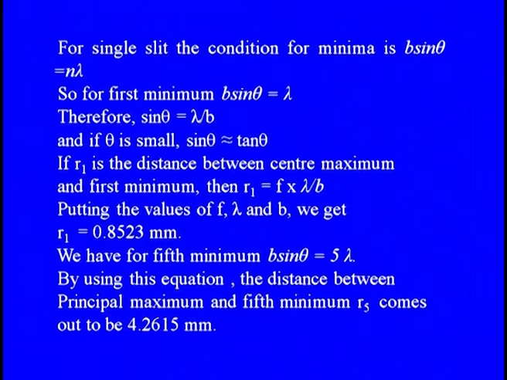For fifth minimum, this b sin theta should be equal to 5 times lambda, and by using this equation the distance between principal maximum and the fifth minimum R5 comes out to be 4.2615 millimeter.